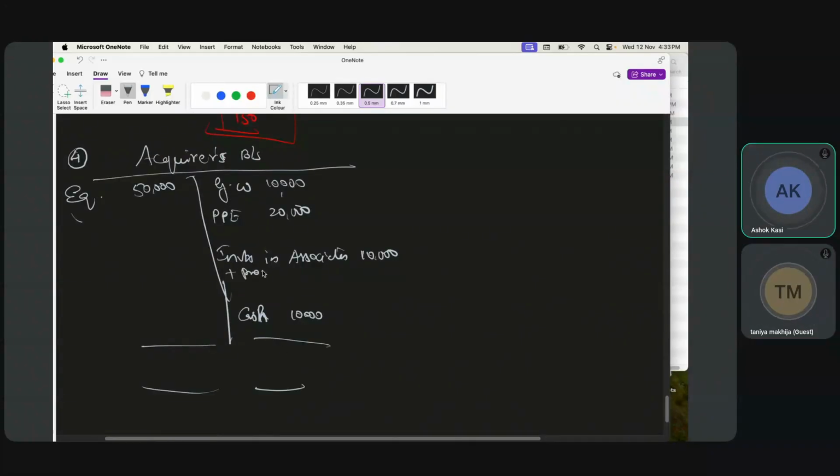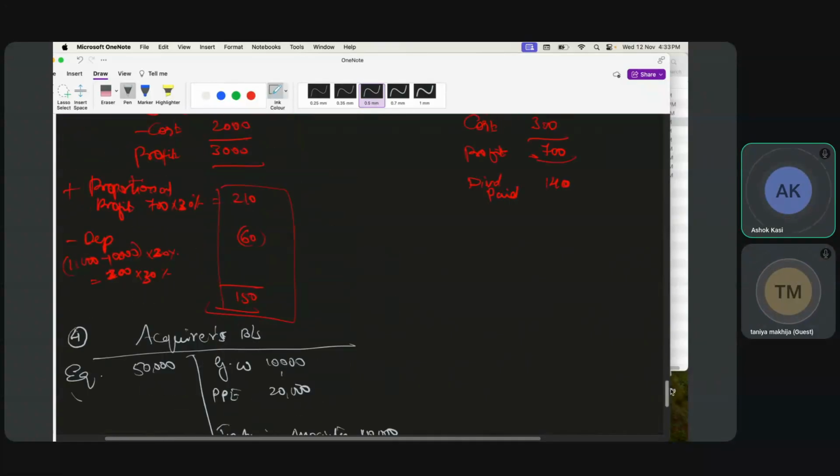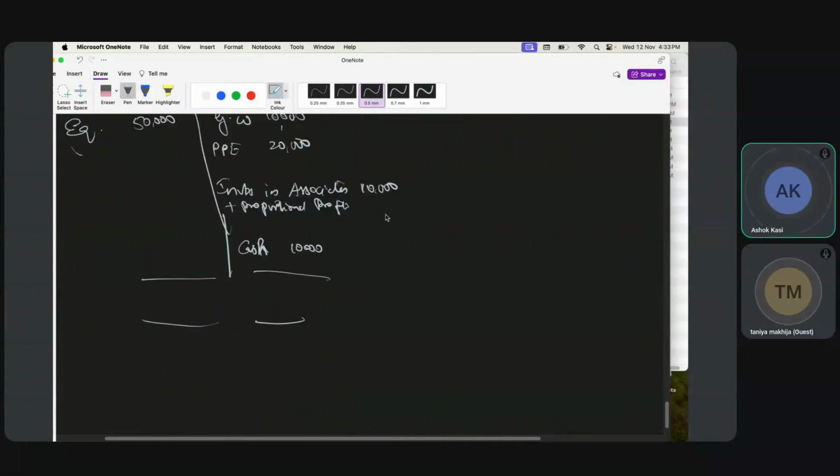So here three things we have to change. Proportional profit, depreciation, and dividends. So proportional profit is 210 minus depreciation 60.